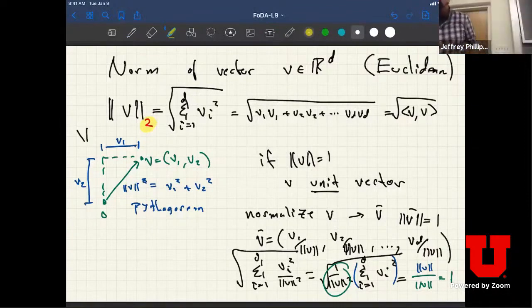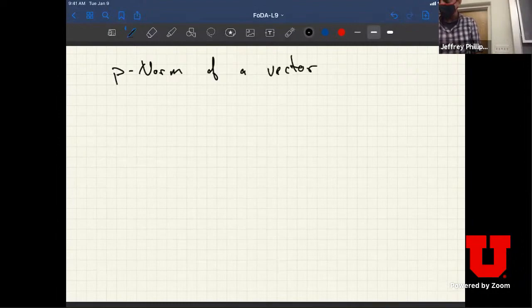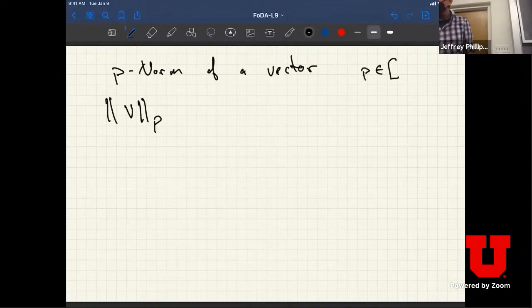In general, I can talk about a P norm of a vector, and I'll write a P down here. This is for any P at least 1 and up to, but not including, infinity.